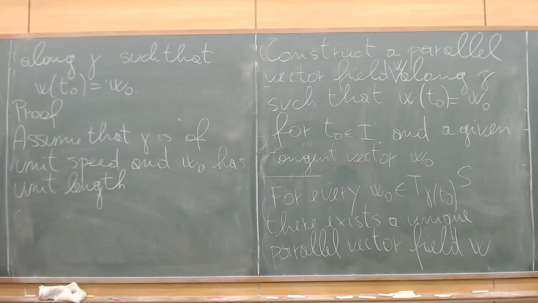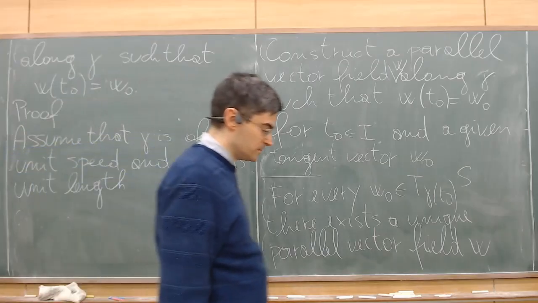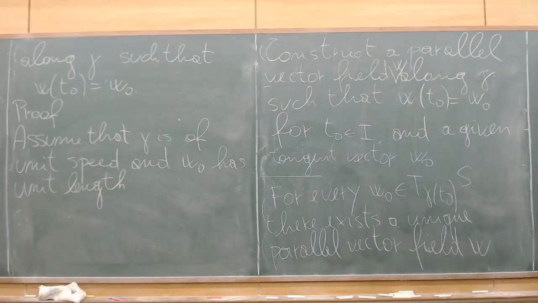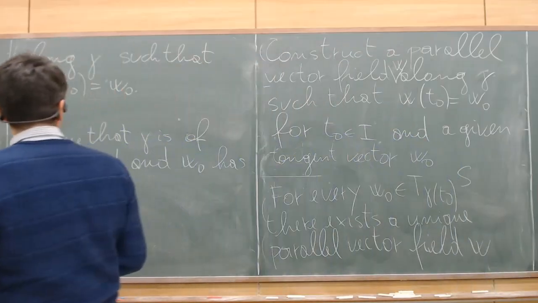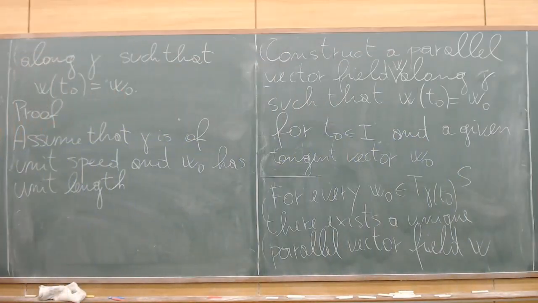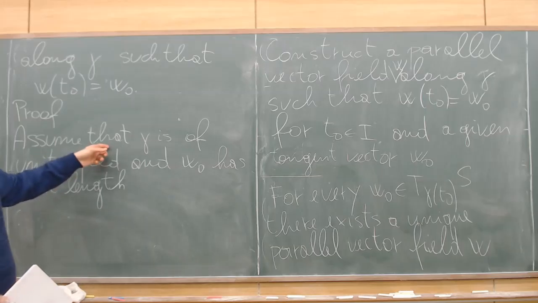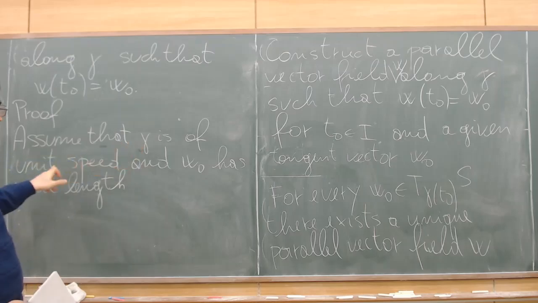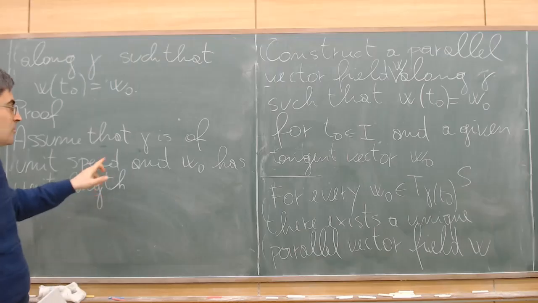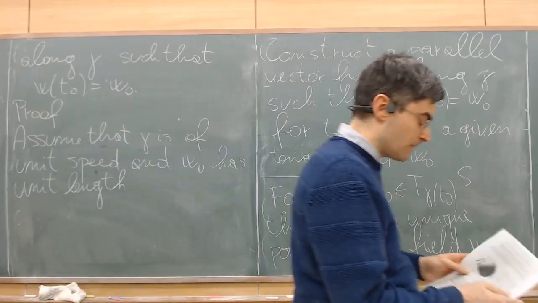We can do this because Lemma 5.31 holds true precisely. If we want to work with a curve which is not of unit speed, just consider a reparameterization of it.